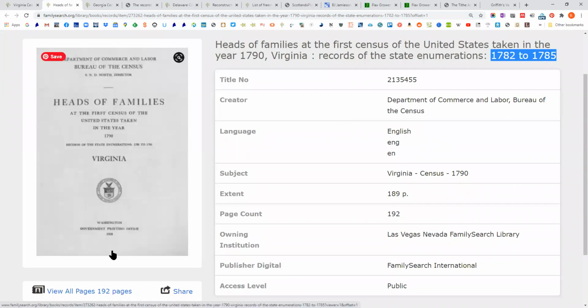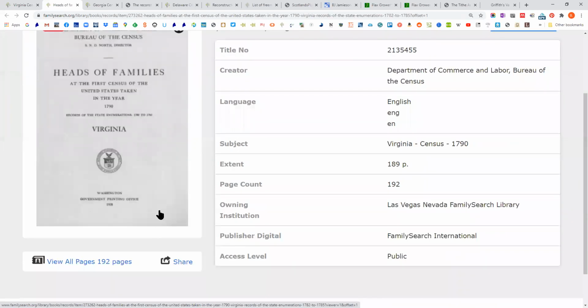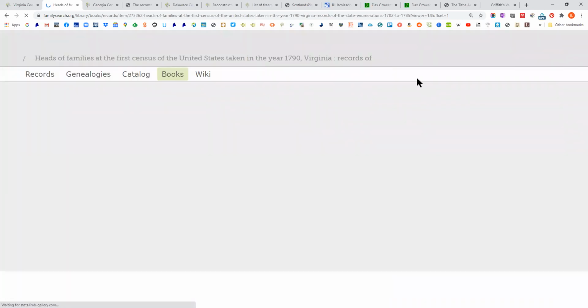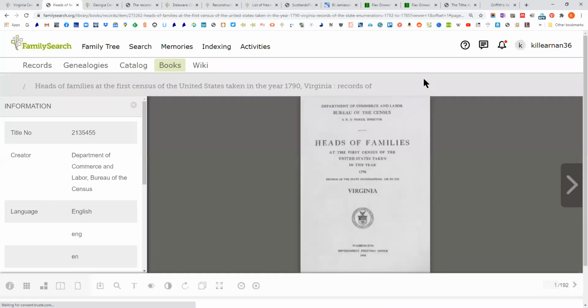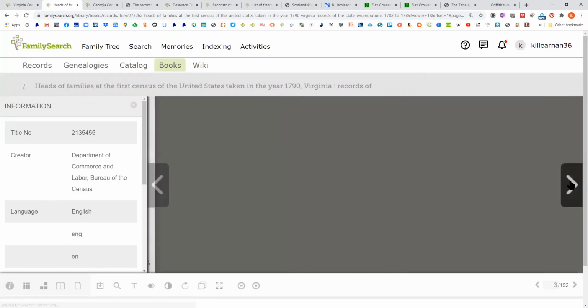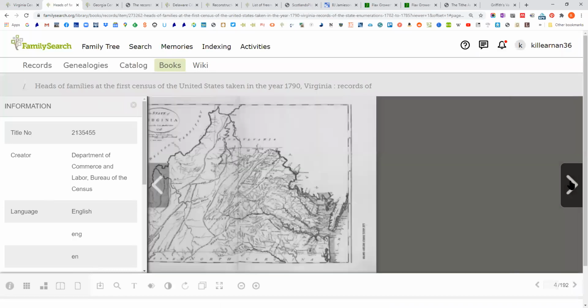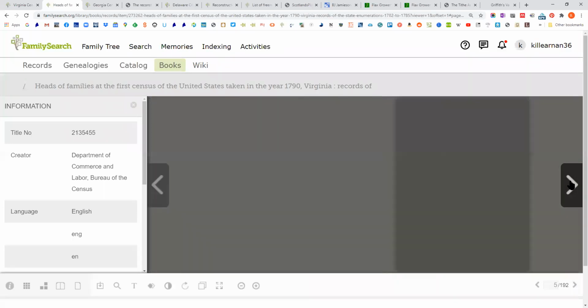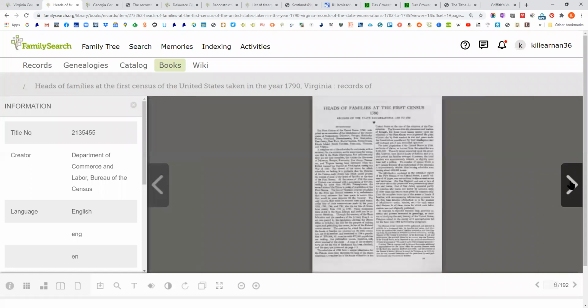And so this was printed by the federal government printing office. It's also old enough now that it's out of copyright, so you can look at it at several places. This is the copy that's at FamilySearch.org, in their catalog.